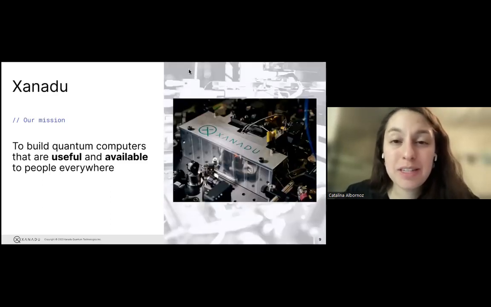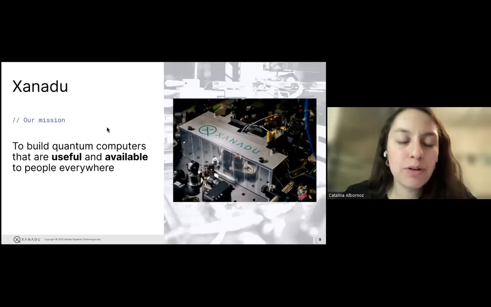Our mission, and this is at the core of everything that we do at Xanadu, is building quantum computers that are useful and available to people everywhere. And this is where PennyLane comes in. In order for our quantum computers to be used and available, we need software that is very powerful, that allows us to do quantum algorithms that are able to solve applications and that are usable for people.